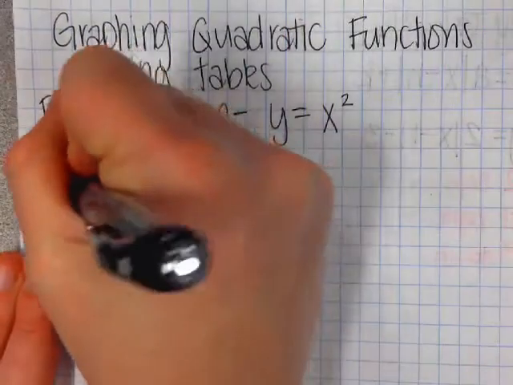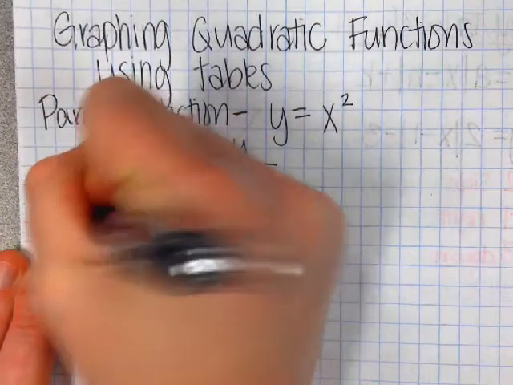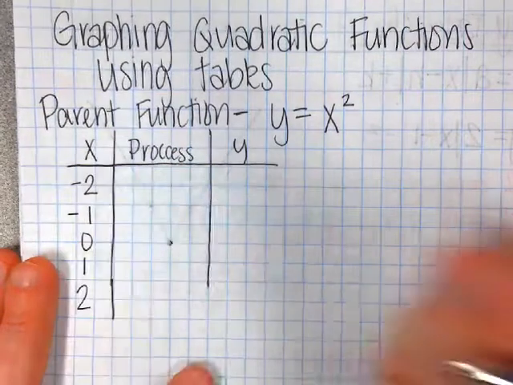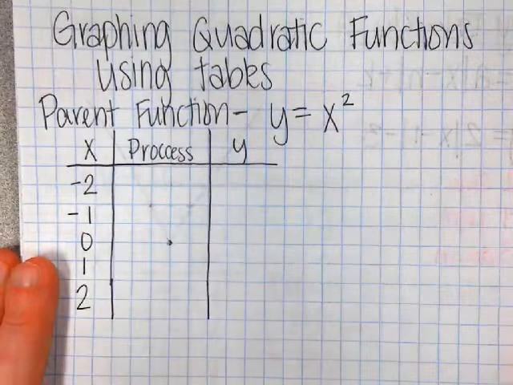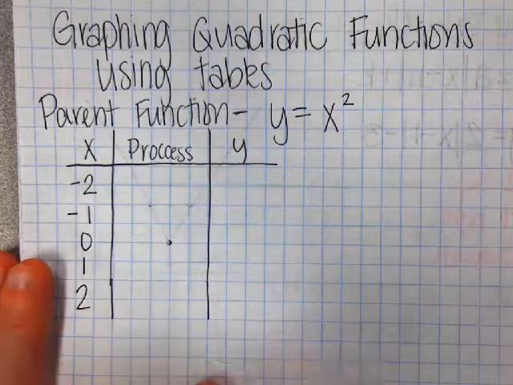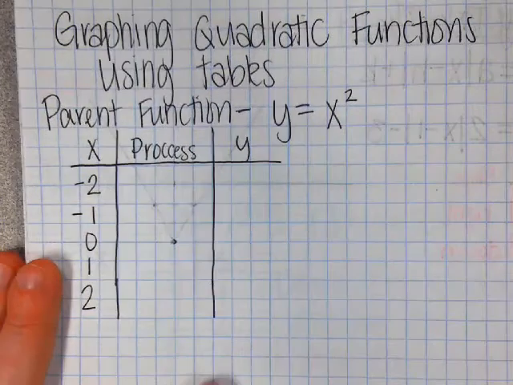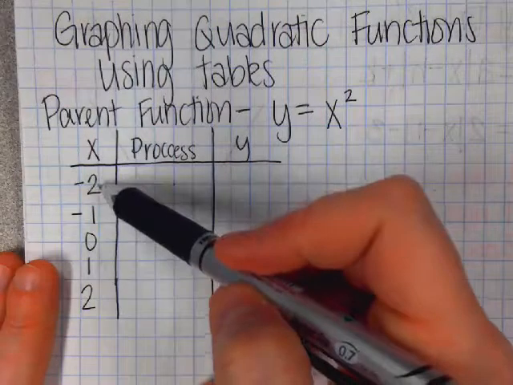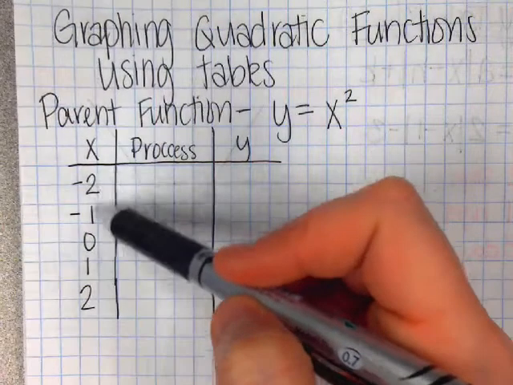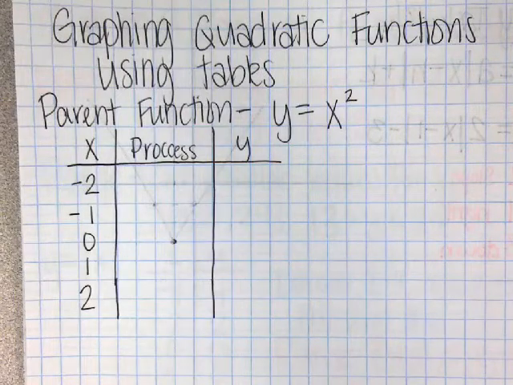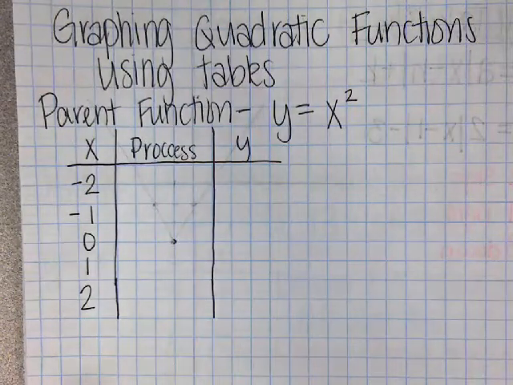So we're just going to use -2, -1, 0, 1, and 2. Remember when you're graphing something and it doesn't give you specific values, you can pick any values you want. But whenever you do that, you want to always pick a few negatives, always want to do 0, and then a few positives. And then hopefully you get enough information.